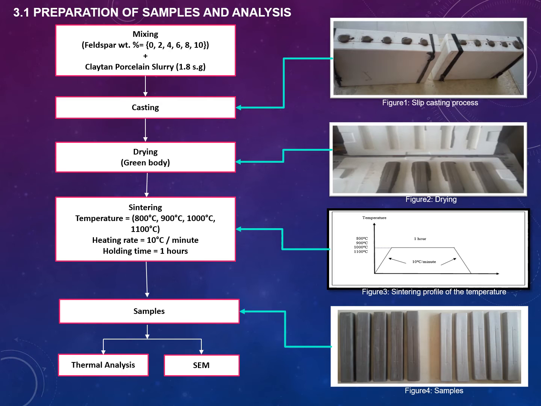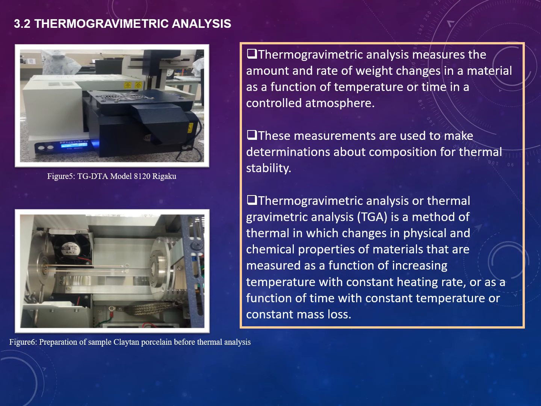After finishing all the processes, the samples go to thermal analysis and micrograph. Figure 5 shows the TG-DTA model 8120 Rigaku for the thermogravimetric analysis. Figure 6 shows the preparation of the CLAYTAN porcelain sample before thermal analysis.